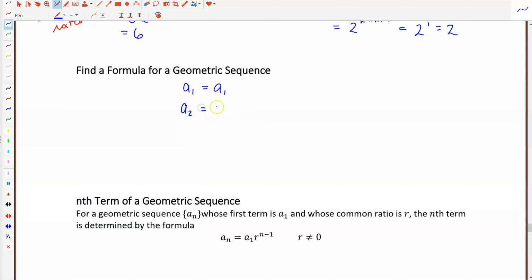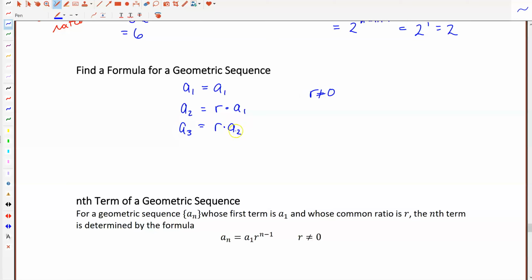But a sub 2 is going to equal r times a sub 1. That's how you build a geometric sequence, is you take the previous term and you multiply it by your common ratio. Obviously assuming that your common ratio r is not equal to 0, because then you don't have anything exciting happening. A sub 3 is equal to r times a sub 2. Right?